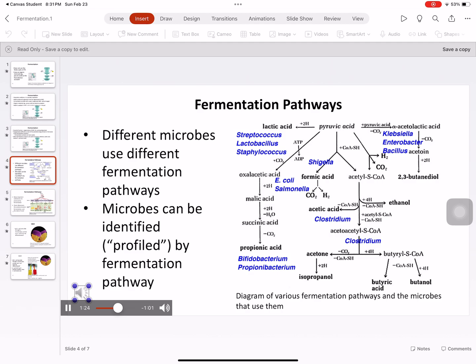So what I'm getting at is that we can use an organism's metabolic capabilities or lack thereof as part of our profiling kit. That is, we can use an organism's ability to, say, produce lactic acid, but not propionic acid, as a way of distinguishing microorganisms, and that's something that we do in the lab.